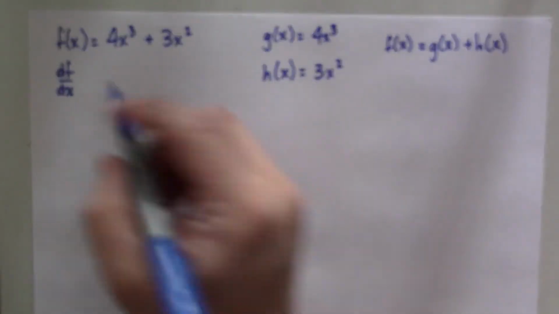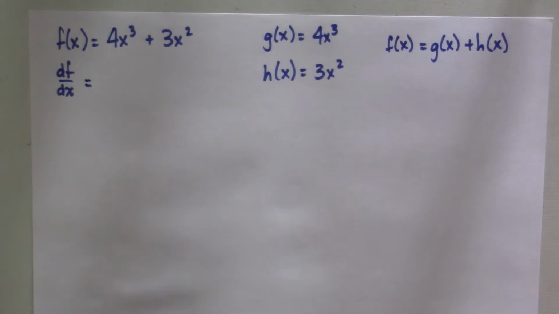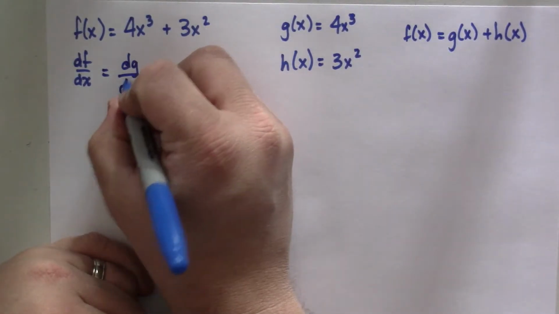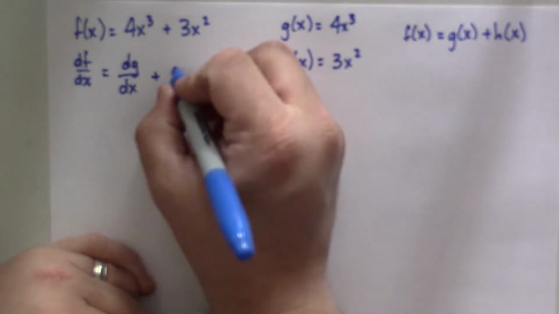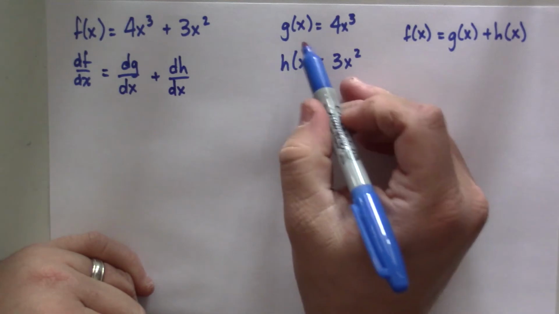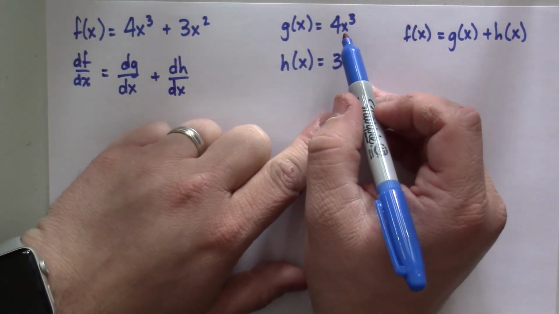Now, this is really nice. df/dx is really just dg/dx, the derivative of g, plus the derivative of h. Now, we can use a combination of that constant multiplication thing we just did.